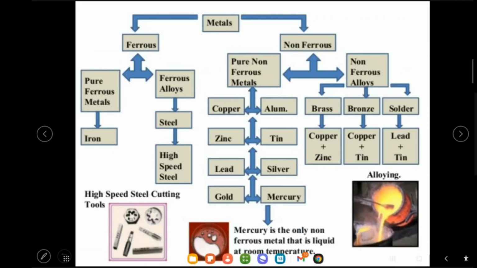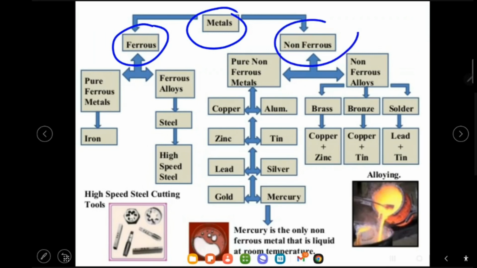So actually metal can be classified into ferrous metal and also non-ferrous metal, right? For the ferrous metal, I believe most of you already know, for example, iron and also steel is considered as a ferrous material. For the pure ferrous material, we have iron and also we have ferrous alloy.